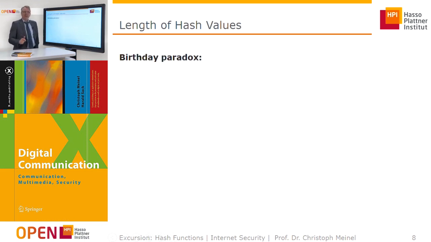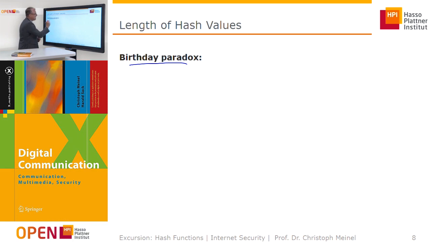A few words about the length of the hash values. We said we have long information, long messages, which are mapped to small hash values. And of course, for the application, it would be better if the hash value is small. But the hash value needs a certain length to be able to fulfill what it should fulfill.